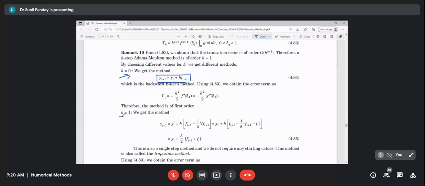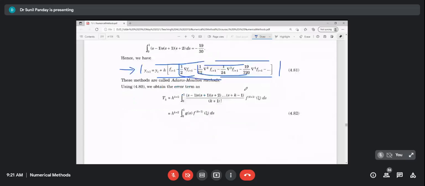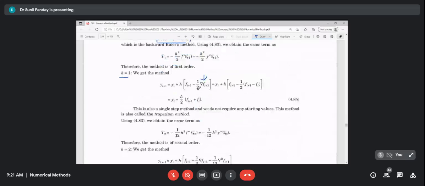Then if we take k equal to 1, it means we are considering 2 points. Then the first backward of f of xi plus 1 will exist, and higher backward differences of f of xi plus 1 are 0. All these are 0 here, and from here, all these are 0. So we'll have this.